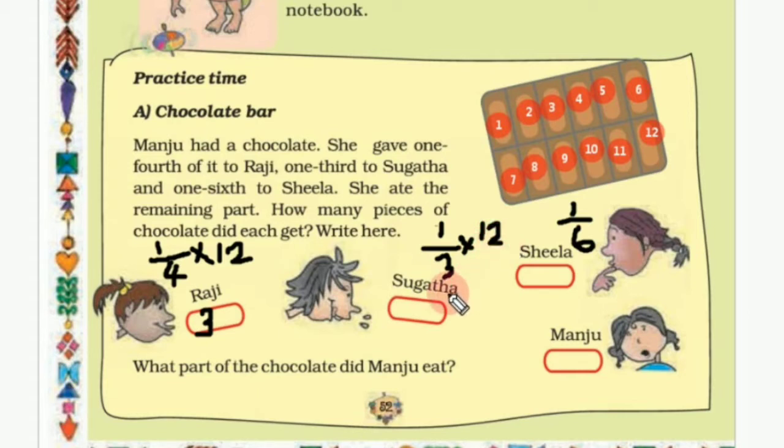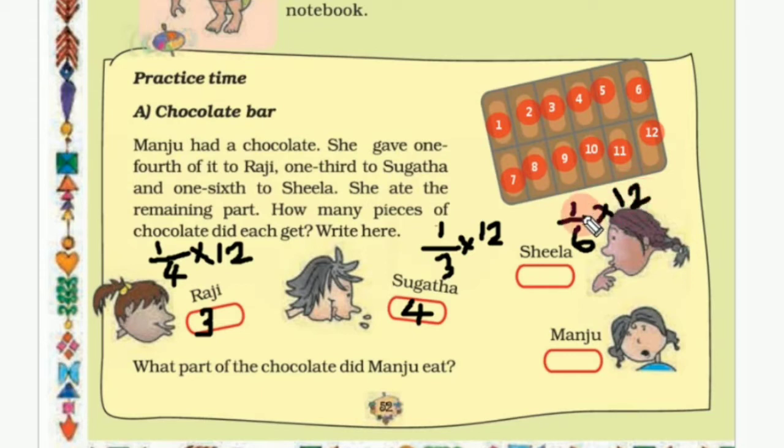And then Sugatha, here also we have to divide this 12 by 3. If we divide 12 by 3, we will get 3 4s are 12. So Sugatha will get 4 pieces. And now Sheila got 1/6, that means 6 part of 12. So 1/6 into 12, 12 1s are 12.